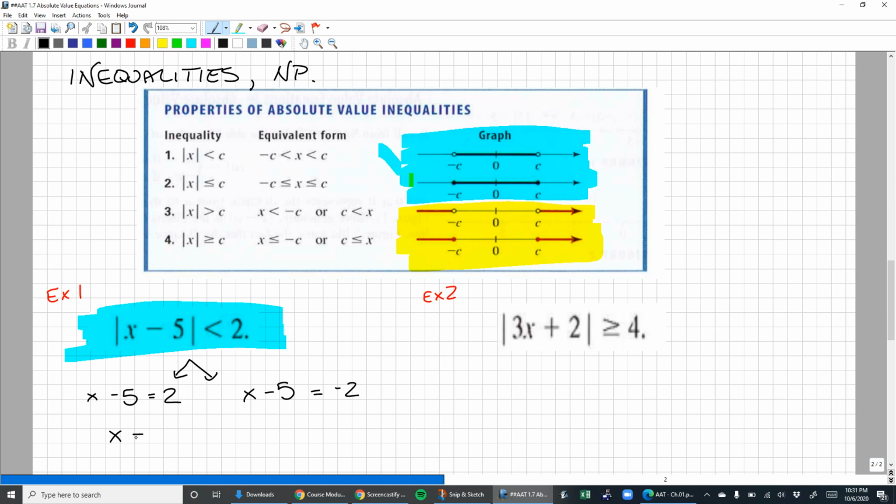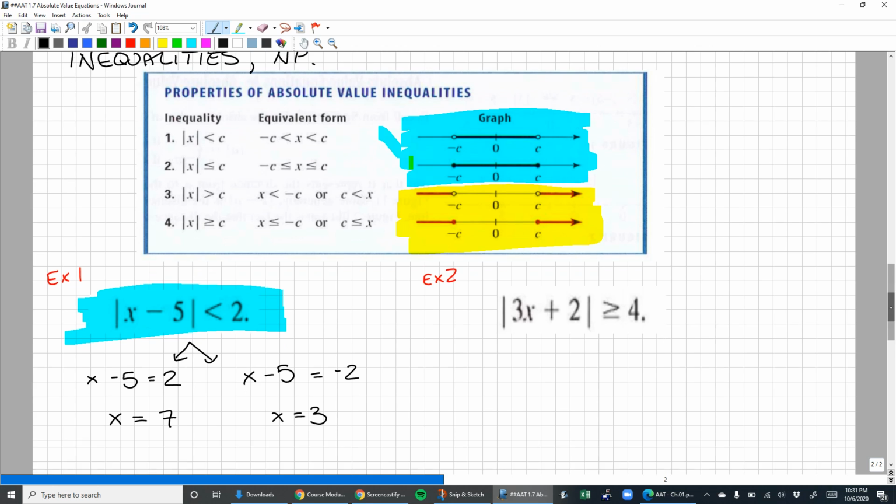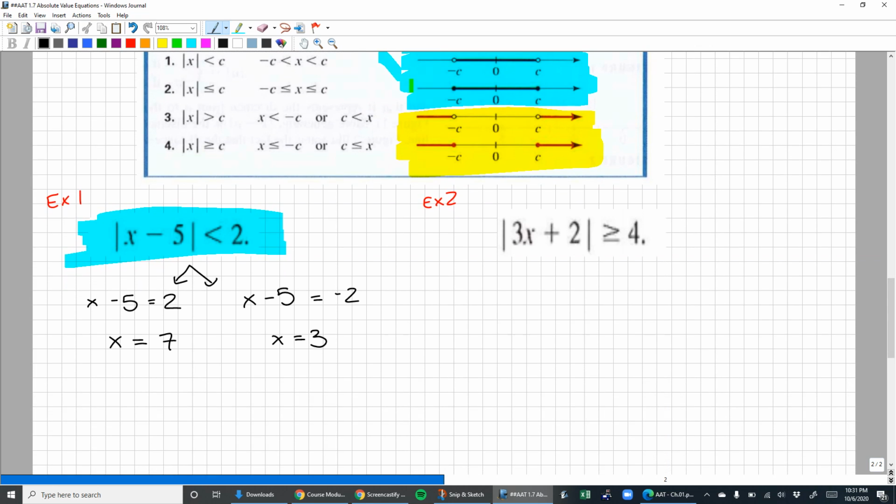I get x is equal to 7. And over here, plus 5 on both sides gives us x is equal to 3. I don't need to even bother with the inequalities because I know my answer is going to be inside of those two.